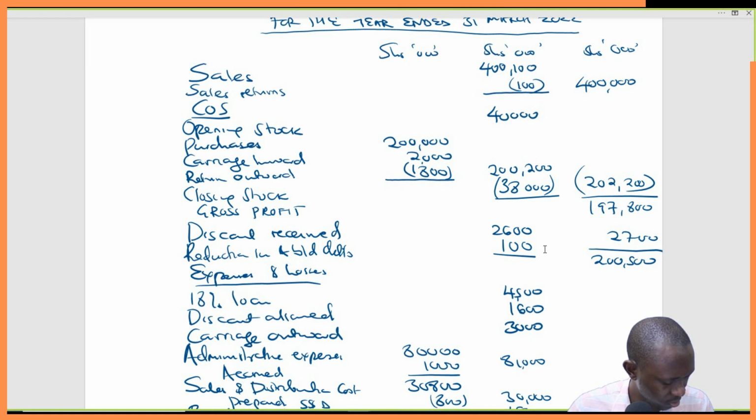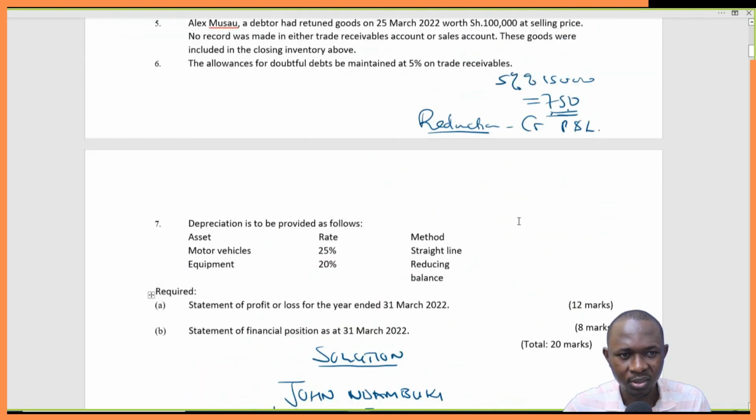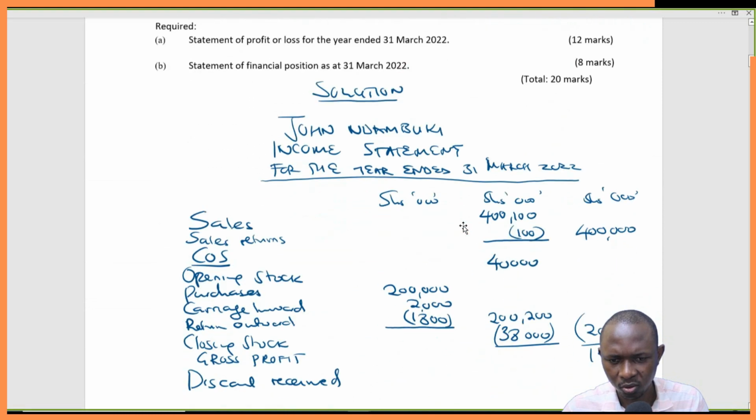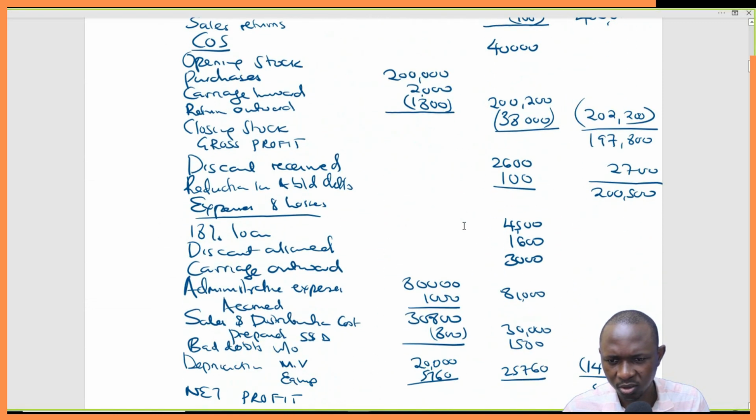So there's a problem here. In fact, we've already got the problem. Discount received is 28, and we captured it wrongly.